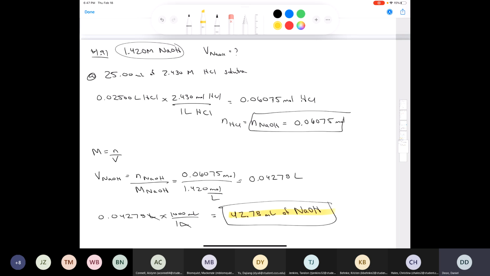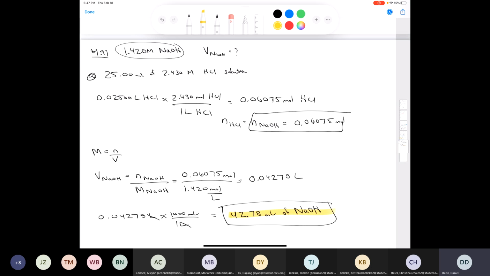Now, again, I don't teach this way, and I don't expect my students to solve problems this way, but there's no problem with it, really, okay? If you have to do everything stepwise and you get the right answer, that's okay. There's really nothing wrong with it. If you understand what you're doing, there's nothing wrong with it. I prefer to set everything up in dimensional analysis.